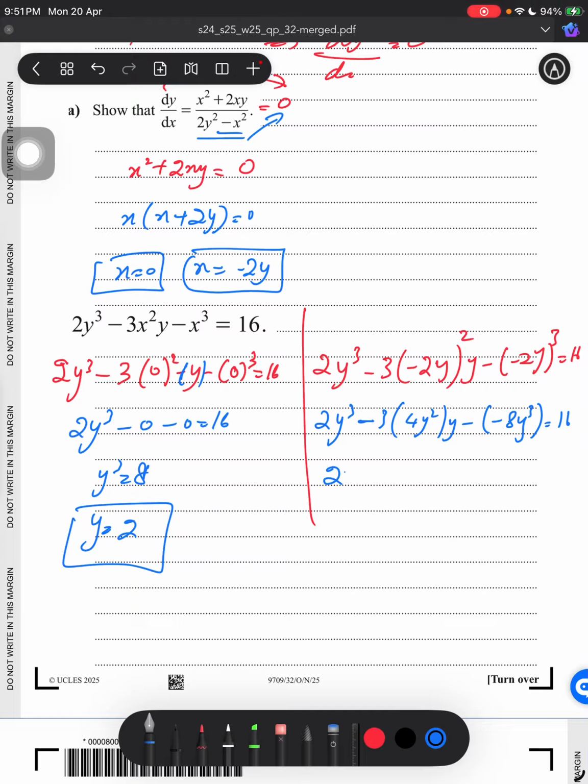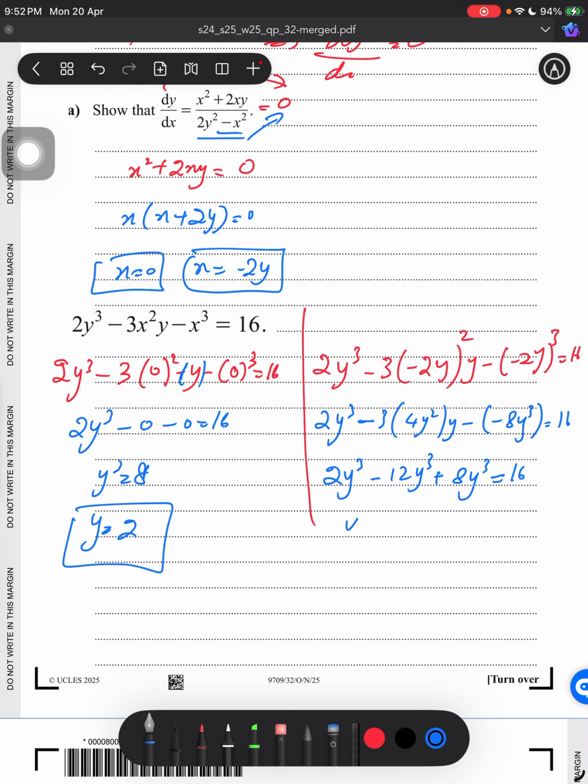So 2y cubed, 12y cubed minus 10 plus 8y cubed. So we will have the value for y cubed.